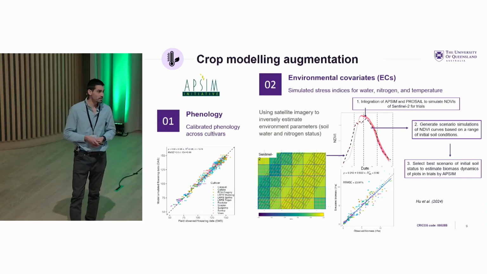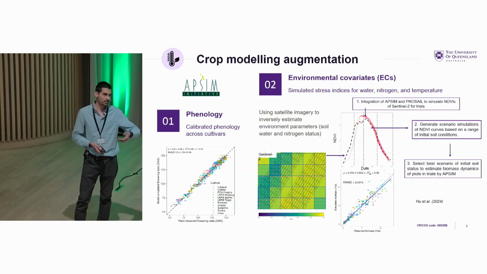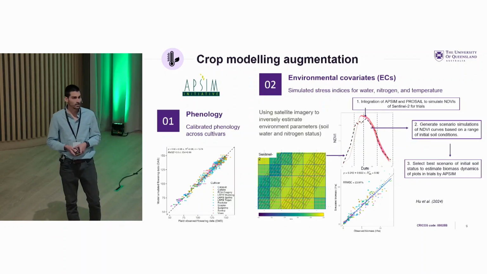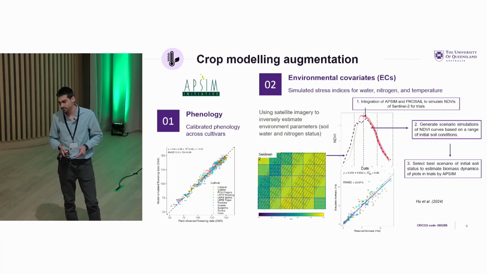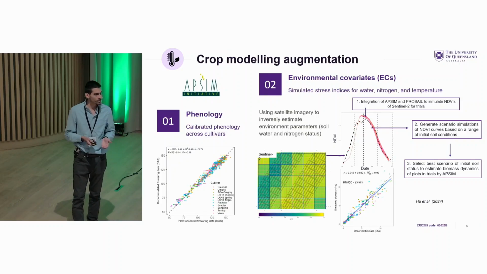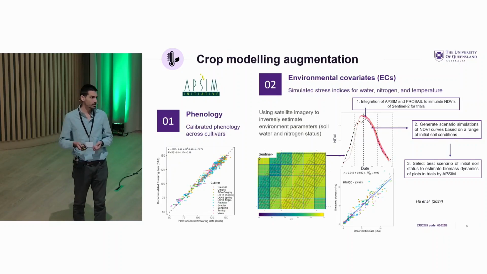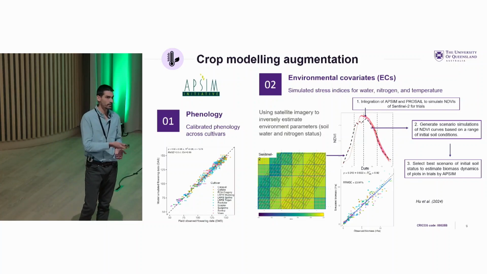The second component is basically obtaining additional environmental covariates that can explain some of the stress indices or some of the status of the crops, mainly in terms of water status, nitrogen, and temperature. And for that, we developed a pipeline here to use satellite imagery to actually calibrate some of the environmental parameters, in particular initial soil water and nitrogen condition.